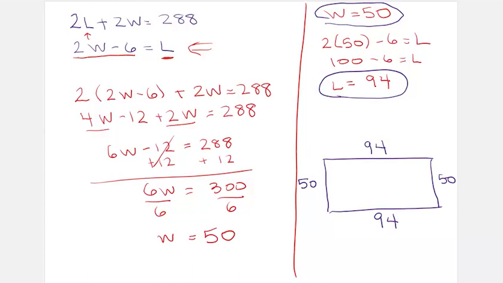If I add all that together, 50 plus 50 is 100, and 94 plus 94 is 188, which gives me 288. That checks out. And we already know the relationship between L and W works, since that's how I started. So everything I did seems to work out, and now I have a solution to this problem.